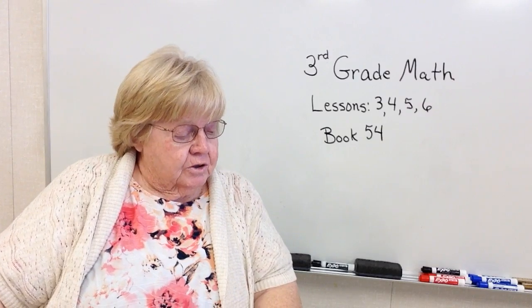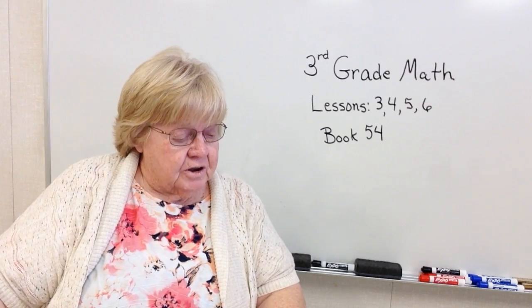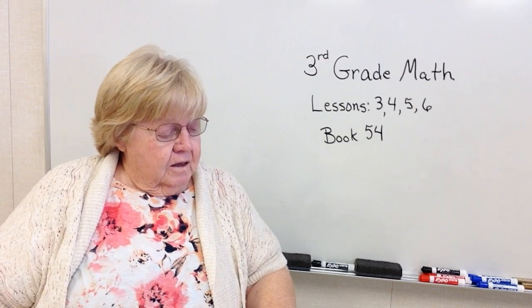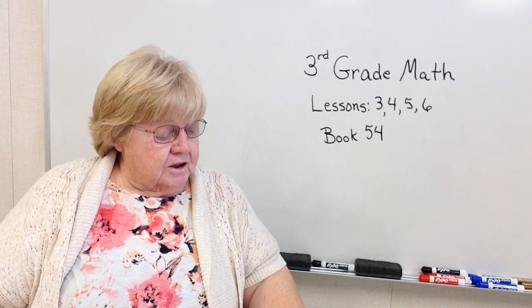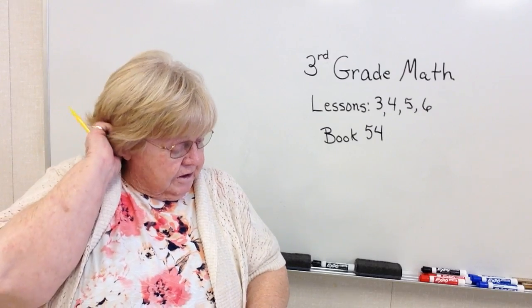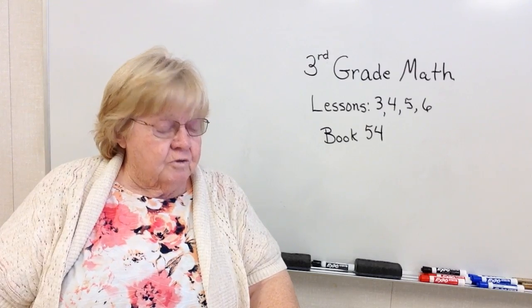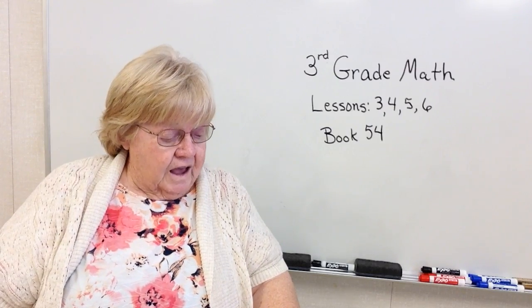And here they show you 2 ways to write subtraction, either up and down or across. Now let's look at part B where it says addition and subtraction fact families. A fact family is a group of 3 numbers that can be arranged to form 4 facts.